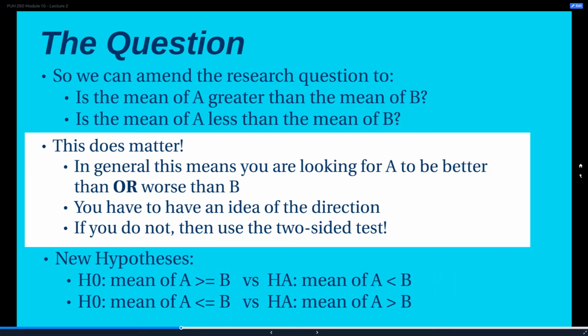We are only looking to one side of that equal sign. The other option, of course, is that the mean of A is less than or equal to B versus the alternative that the mean of A is greater than B. So again, only use a one-sided test if you have an idea or you're only specifically interested in showing A to be less than B or A to be greater than B.